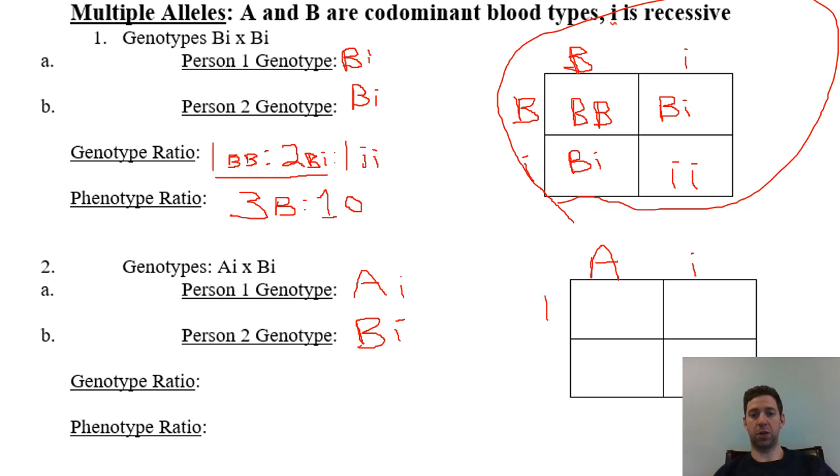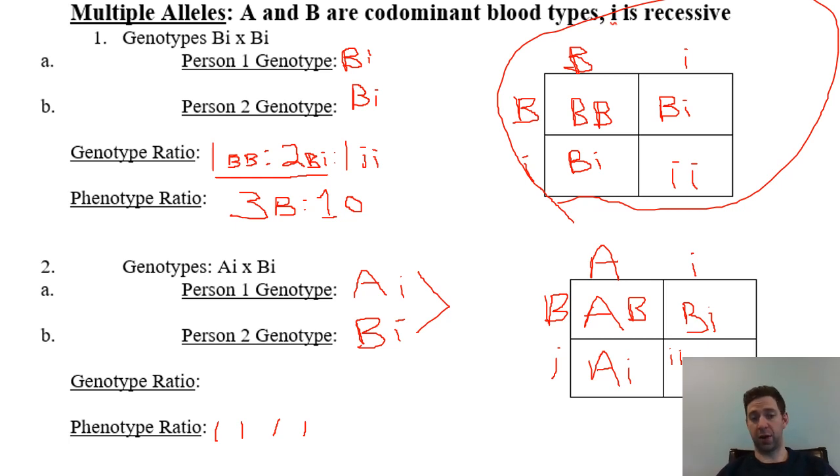This one's a pretty interesting one because this is the only combination where if these 2 parents got together and had a baby, they would have equal chances of all 4 types of blood. 25% chance AB, 25% chance of B, 25% chance of A, and 25% chance of O. So the phenotype ratio, I don't need to even label because 1, 1, 1, 1, there's only 4 outcomes, so obviously each outcome has a 25% chance.